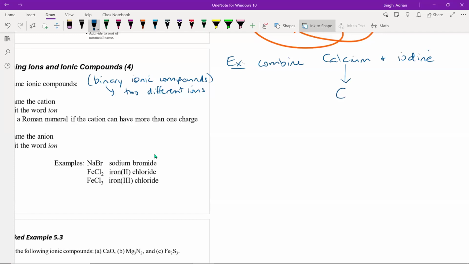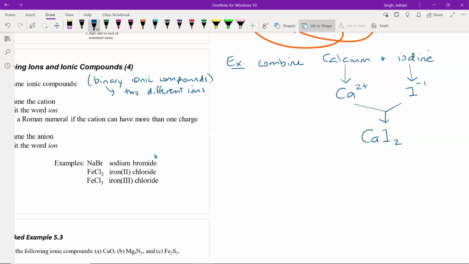Calcium is in group 2, it's a metal, so the charge is simply going to be 2 plus. Iodine is in group 7, it is a non-metal, so the charge is 7, the group number, minus 8, which would be -1. So when I put these together now to give my chemical formula, I have Ca, and then I have I2, right, if I do my crisscross.